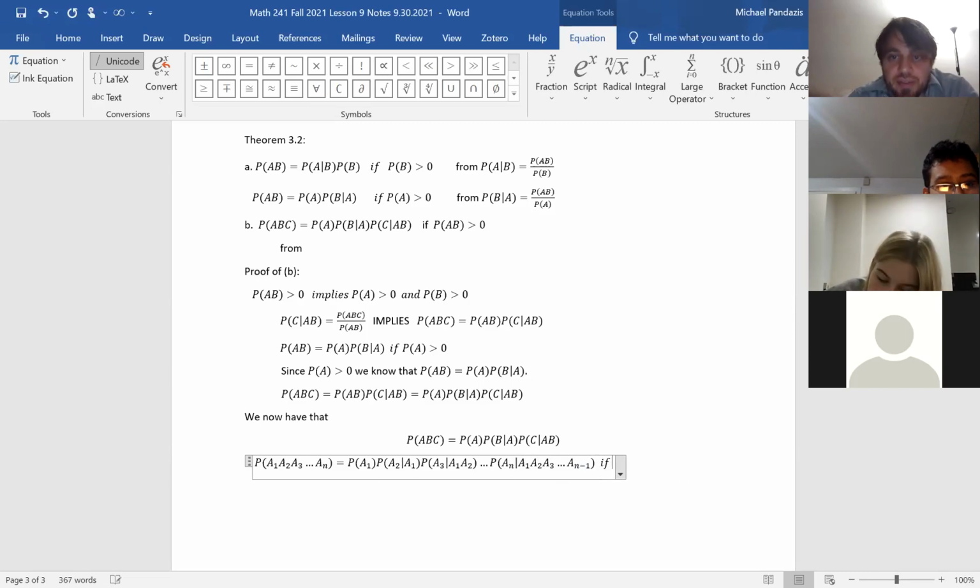And this is if the probability of A1, A2, up to A sub n minus 1 is positive.